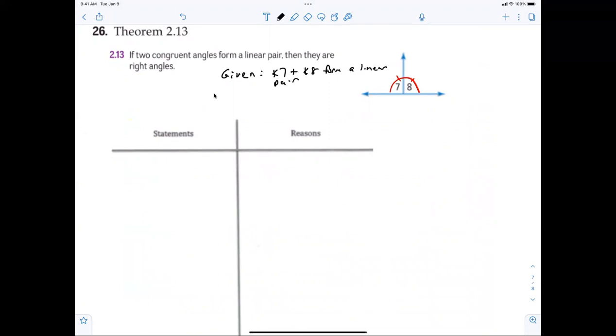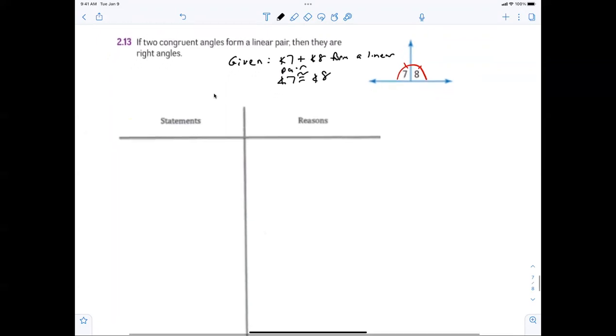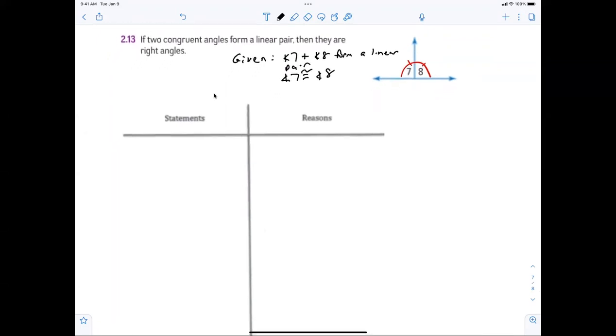And what's true about angle 7 and 8? So that's kind of the congruent, or I'll write that out for you on the test. Angle 7 is congruent to angle 8. All right, come on now, this shouldn't be that hard. What do we got here, guys? So we spread out the given first, right?